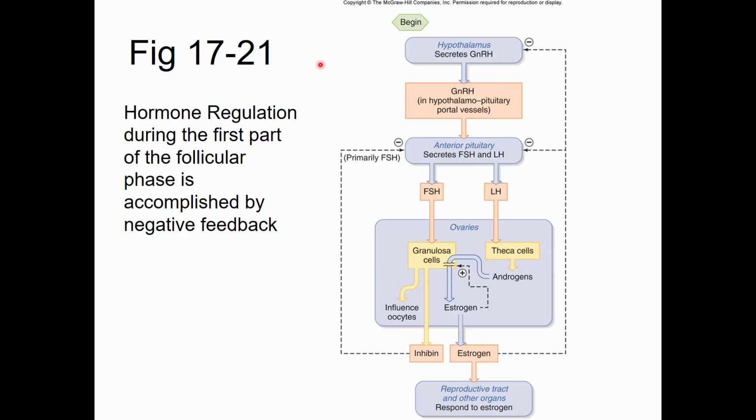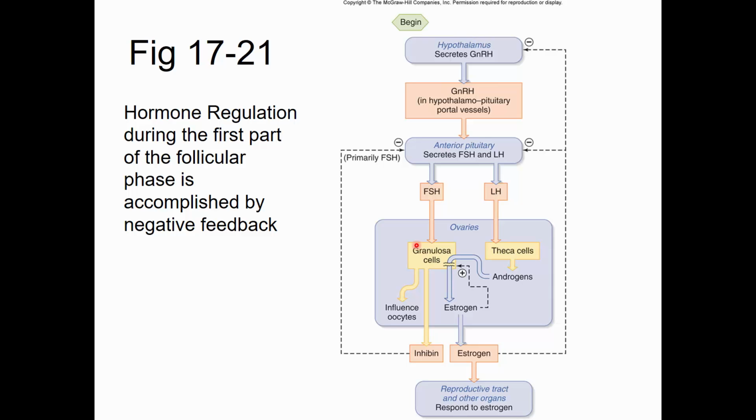So the first part of the cycle is negative feedback. GnRH stimulates FSH and LH. FSH promotes the granulosa cells. LH gives us the androgen so we can turn that into estradiol.